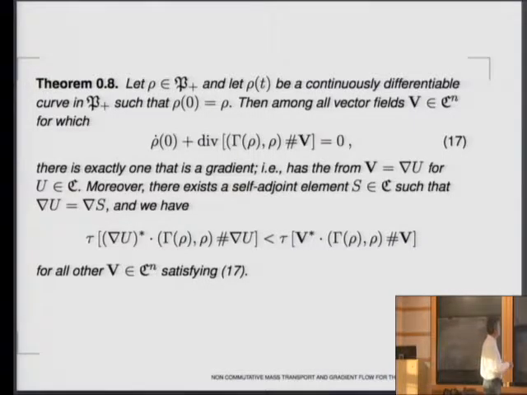So when you do this, you can go back to the first page. Let me just do it with the words which are here. If you look at the set of all v's which make this true, this was a closed convex set. Now, what are the perturbations you can make? I can add to this anything w so that the divergence of rho w equals 0.